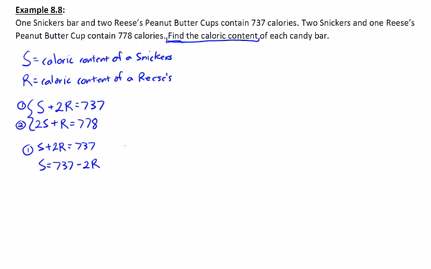And then I'm going to take the second equation, 2S plus R is equal to 778, and I will substitute in 737 minus 2R for S.